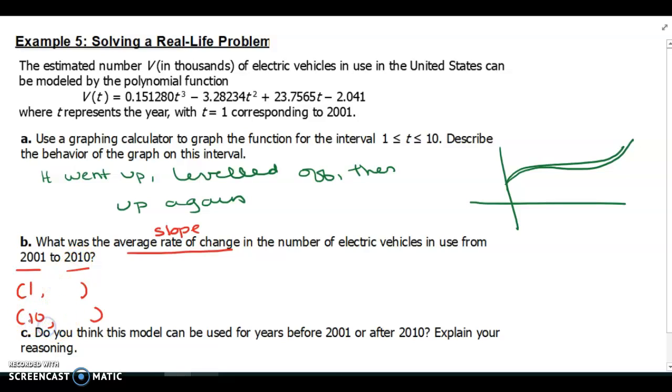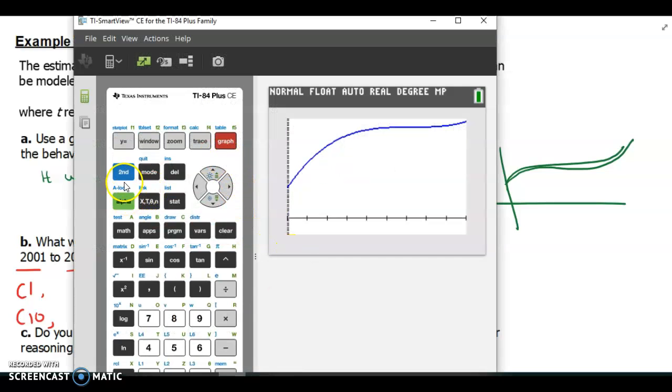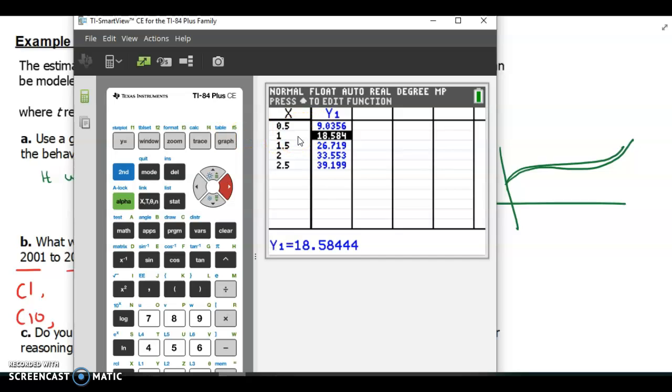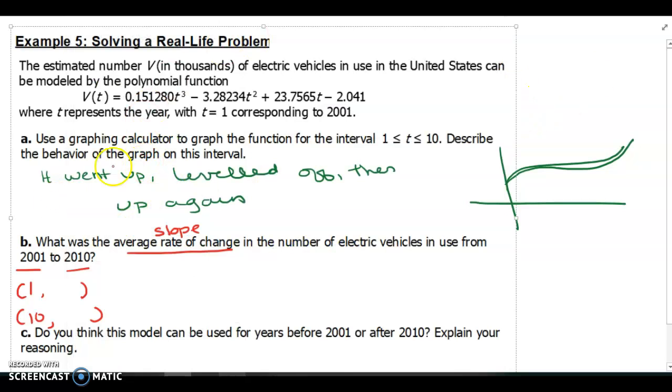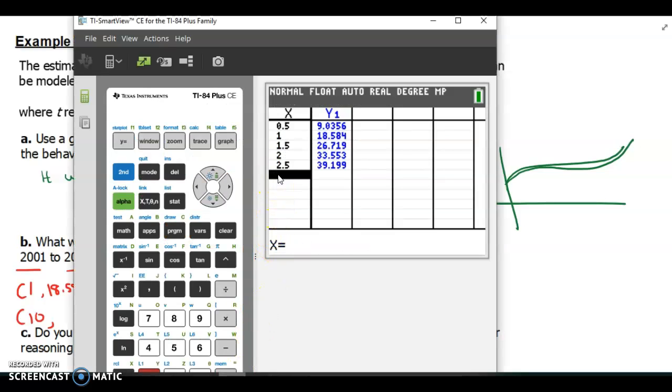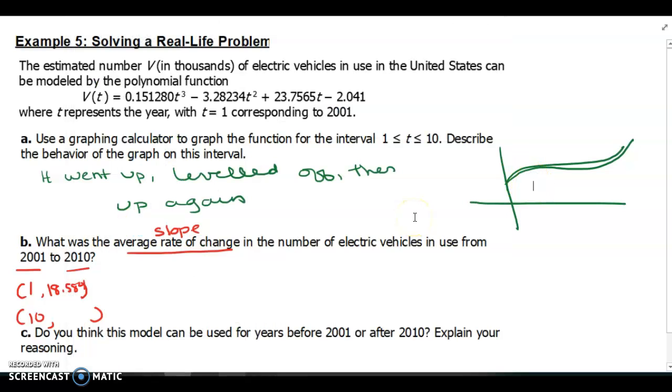So I'm going to go back to the table. When x is 1, I'm at 18.584. And then when my x is 10, I'm going to type 10 here, and I'm at 58.57.